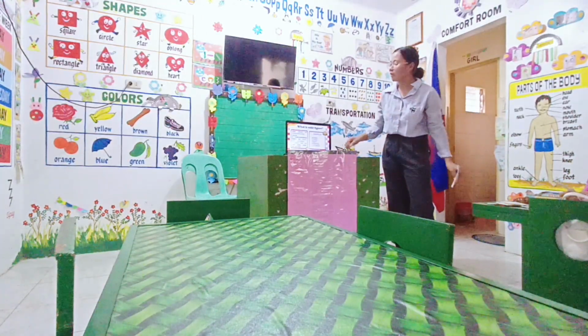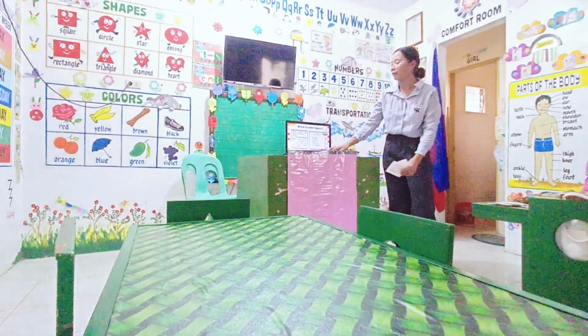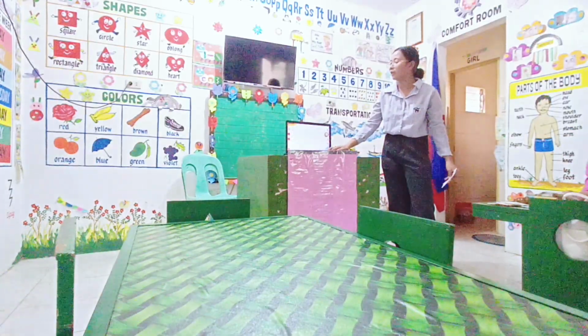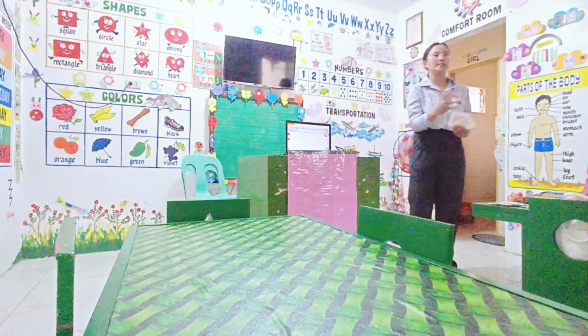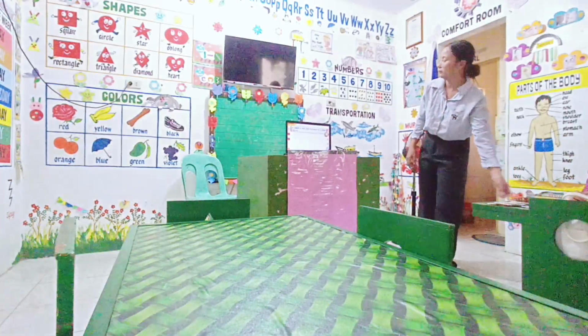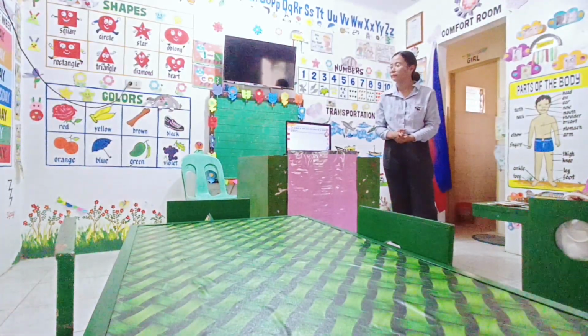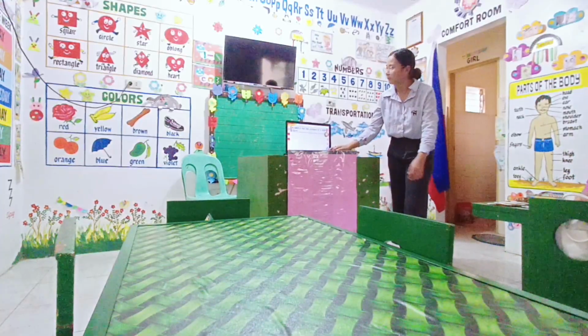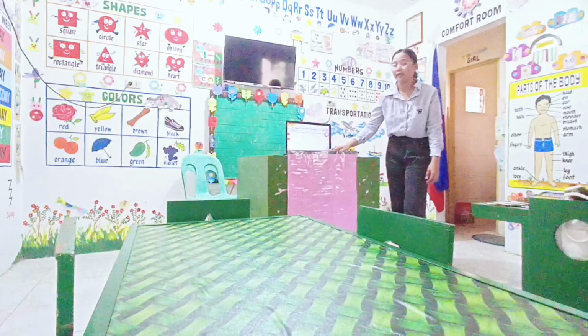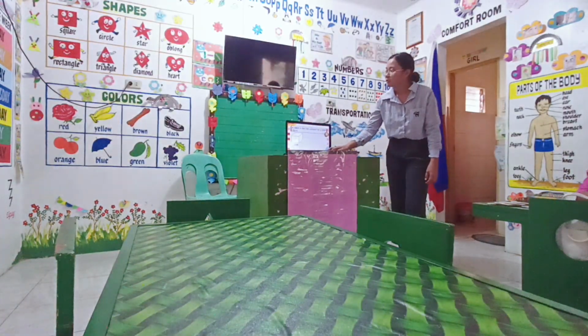Do you understand? Yes, teacher. Now let us talk about the faces, edges, and vertices. Please read the definition of a face. Yes, Lovely? A face is the flat surface of a solid figure. This is an example of a face. This is a cube, right? Yes, teacher.